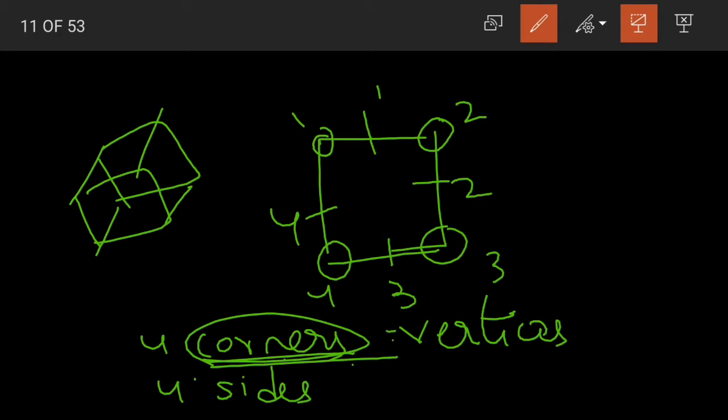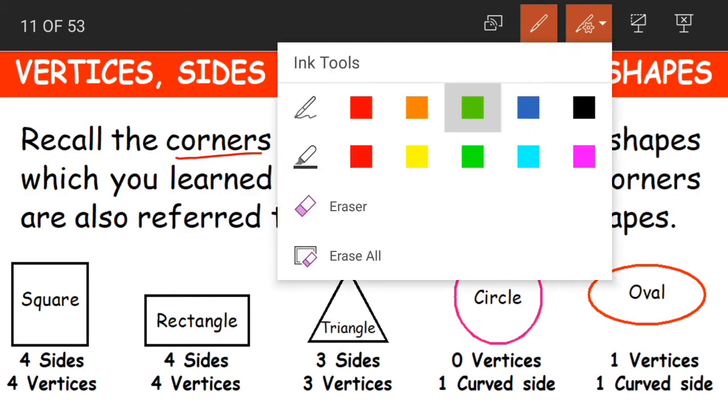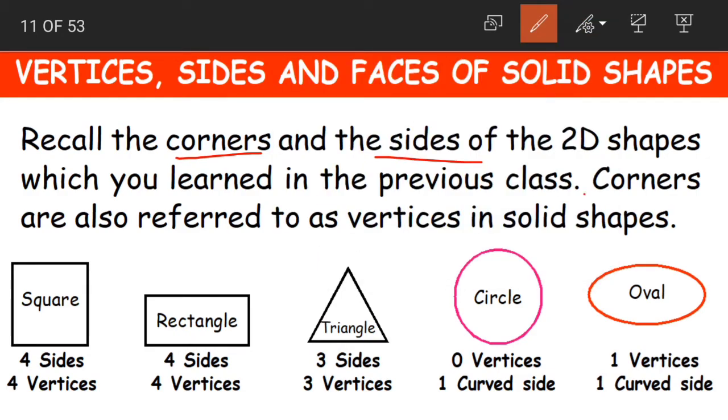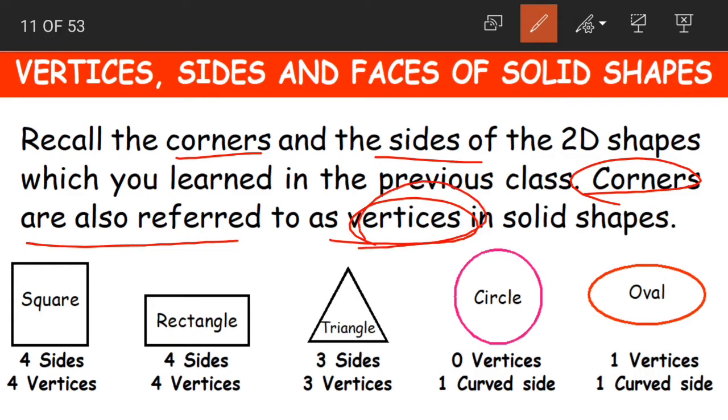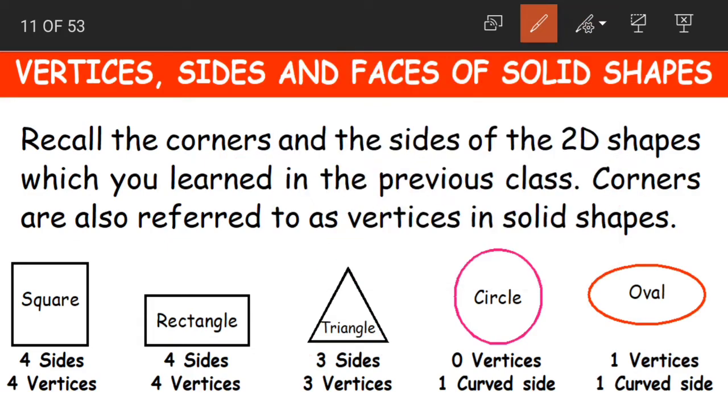Corners are nothing but vertices. It is just like another name. Both corners and vertices are the same. This is not something new. It is something you already know, that is the corner, where two sides meet. So that is our corner, also called vertices.